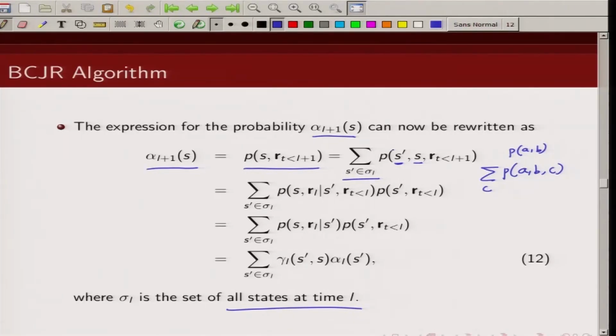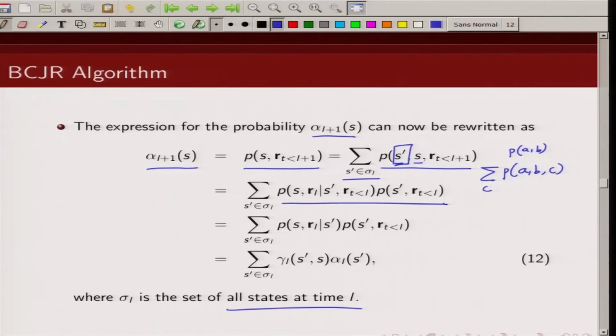I introduced a new variable s prime and summed over all these possible values of s prime. Now, this term can be written as a product of these two terms.